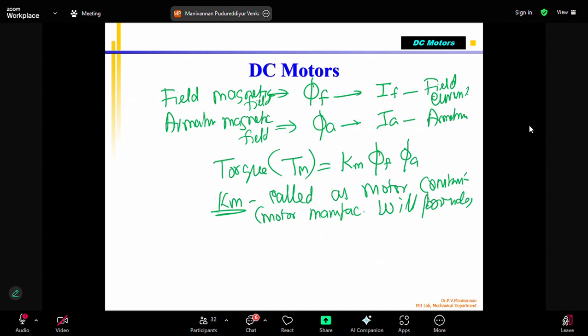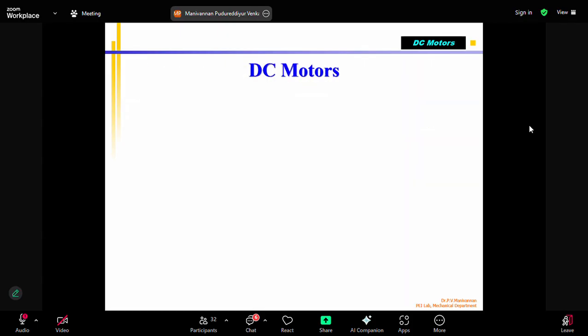Actually, to understand a bit more, if you see a DC motor, I'll come back to the figure later. A DC motor has three parts apart from the field coil and armature coil. For understanding purposes, I will draw this figure.